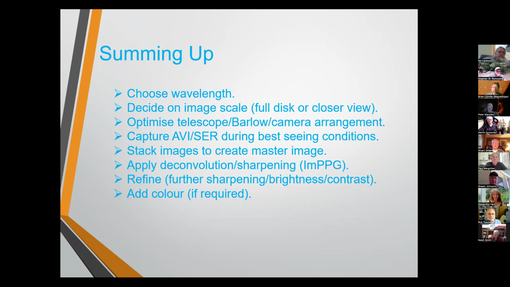And as we all know, capture some AVI or SER, stack, deconvolution and sharpen. I use ImPPG, and I think many others do. Refine, I use PixInsight, and as we've discovered, other people use other software packages as well, which is fine. And then add color, and there you go. Bob's your uncle.